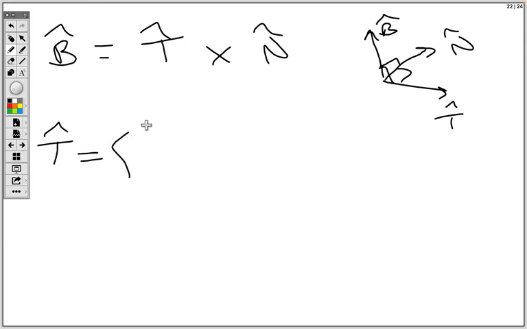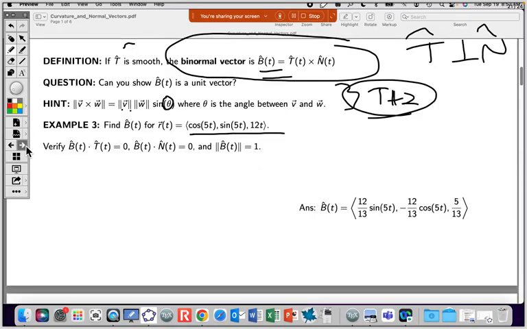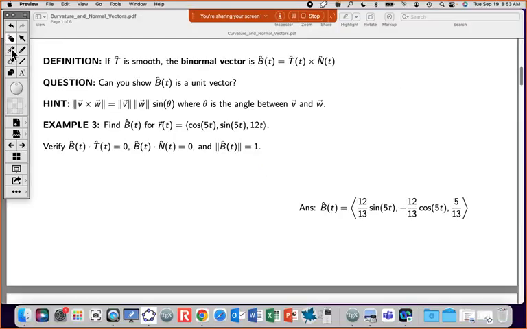What was our t hat? It was what, minus 5/13 sine of 5t. Let me double check. Now here, this is how I can check. Let's go up here.